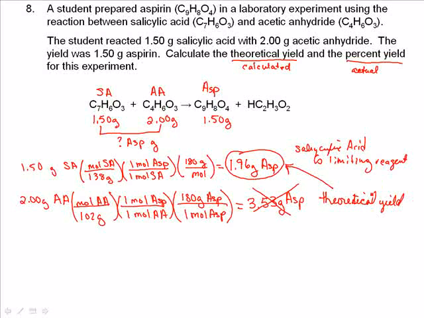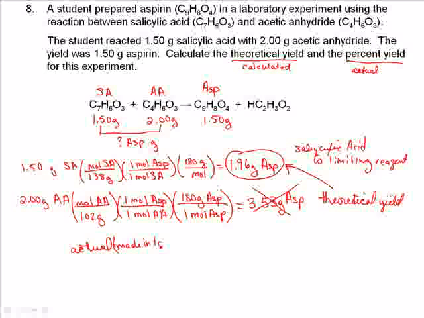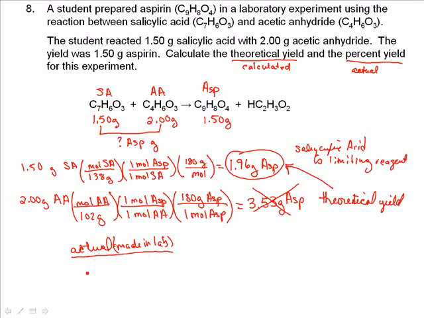Now, percent yield, you take your actual, so your lab, this is what you make in the lab. Made in lab. Divided by your theoretical, which is 1.96. This is how much you should have been able to make.